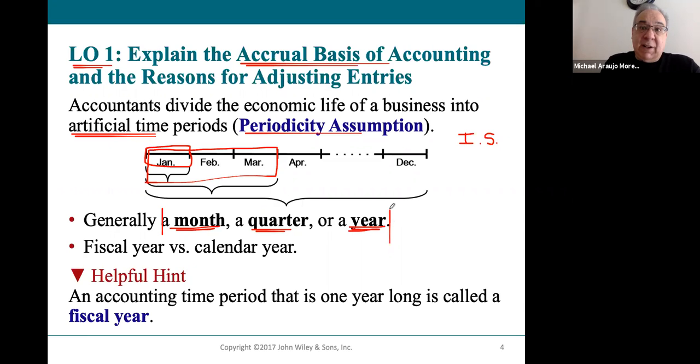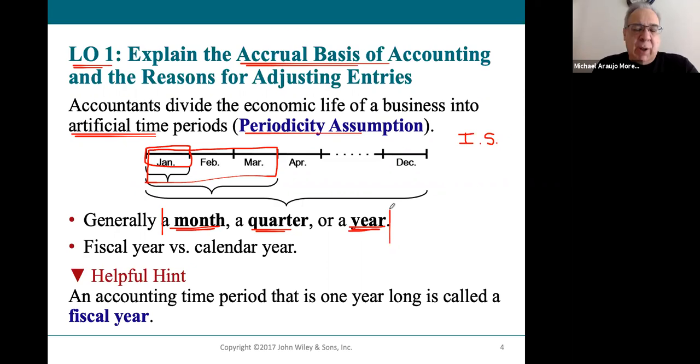Well, businesses are not going to just be in business for 1 year, right? They're going to be in business for many, many years. You think about some of the very older businesses that we do have. So, for example, Procter and Gamble, which makes lots and lots of your basic household things from soaps and shampoos and dishwashing and laundry detergents and products that you and I use for personal care.